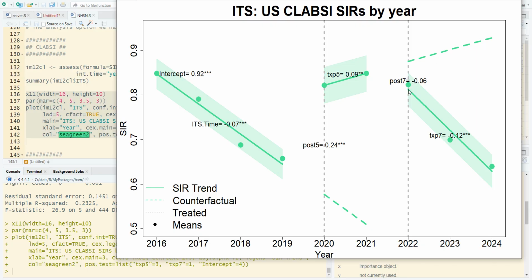Instead, we saw our CLABSI rates decrease. That shift in our level was 0.06, but not significant. However, our change in our trend significantly decreased.